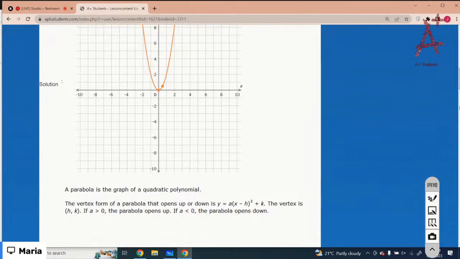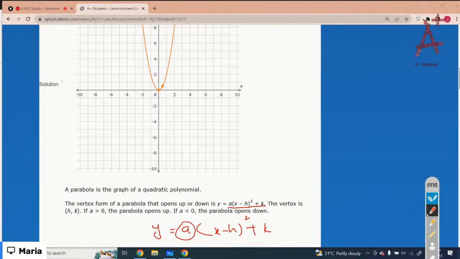Basically, the vertex form of the parabola is y equals a times x minus h whole square plus k. Got it? That is the vertex form of the parabola. The value of a: if the value of a is greater than 0, that means the parabola opens upward. Got it? And if the value of a is negative, that means if it is less than 0, the parabola opens downward.